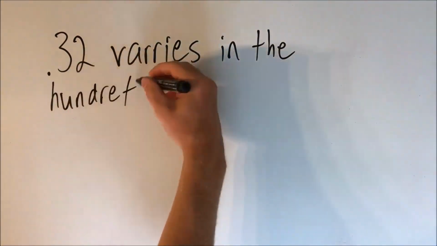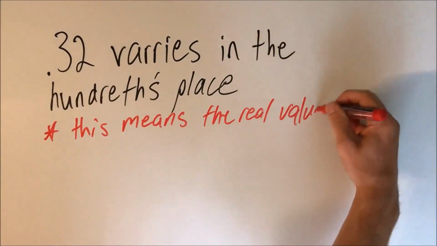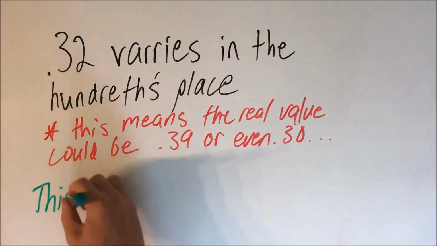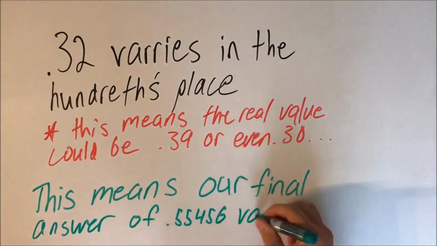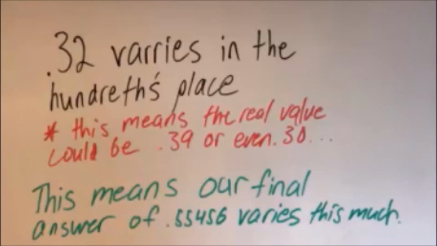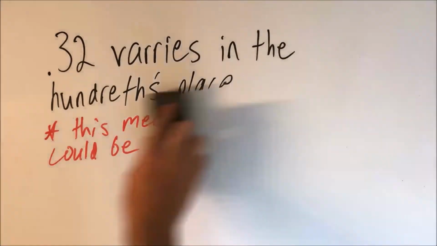The number 0.32 varies in the hundredth place. By the definition of sig figs, 0.3 is what we know to be true, and the 0.2 is a guess. This means that this number could have also been 0.39 or even 0.30. This variation carries on into our final answer.